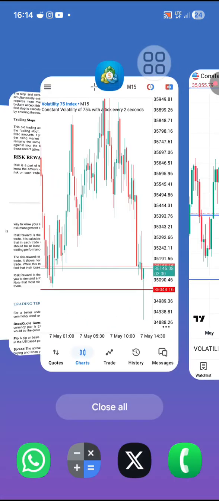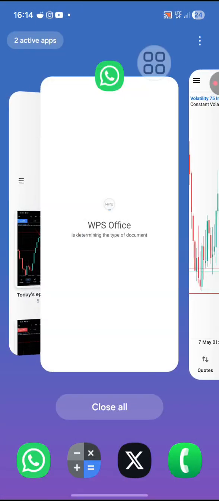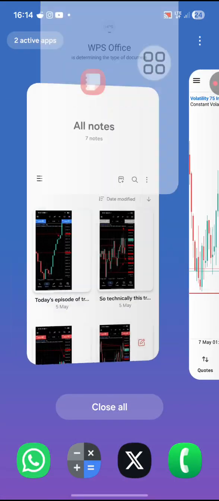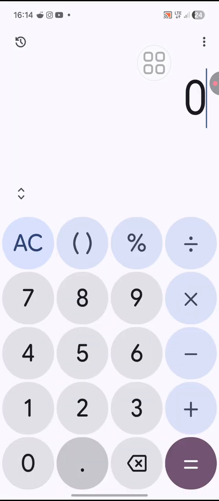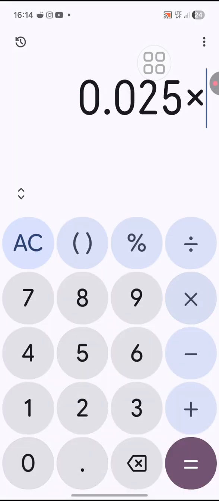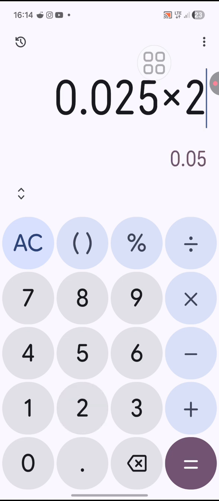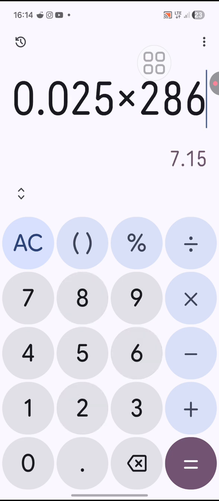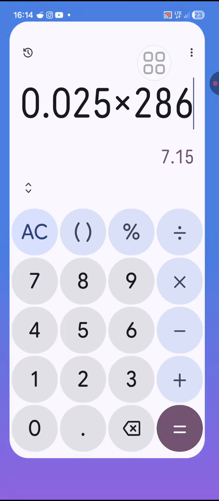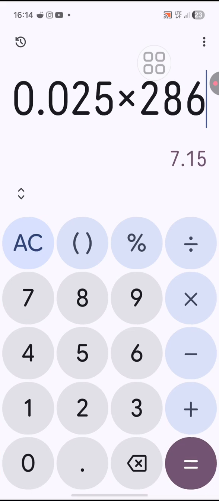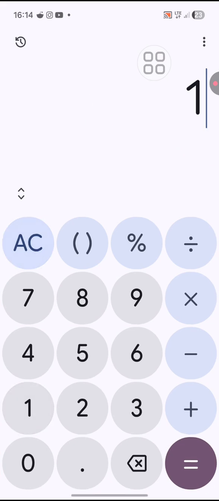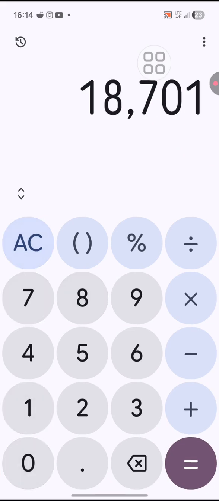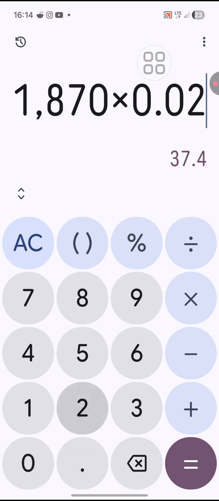So if it's my lot size I normally use, like 0.025, if you risk 286, you're risking $7 to gain how many is that? 1871 times 0.025.